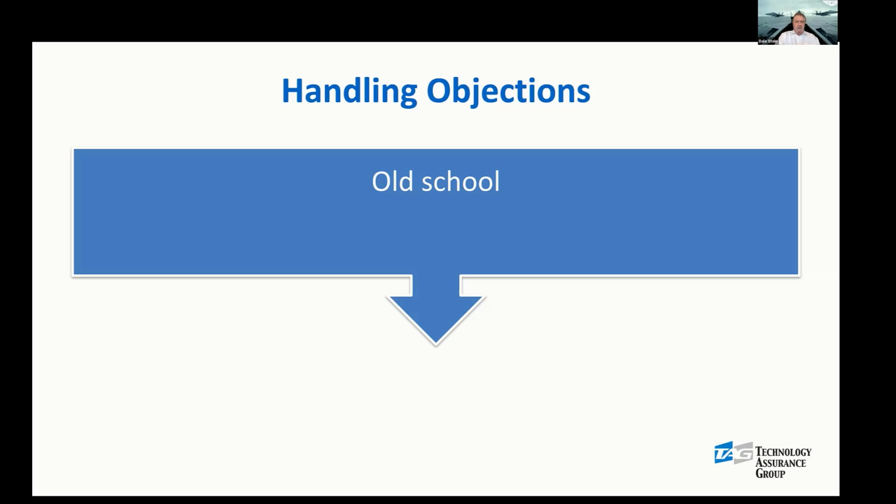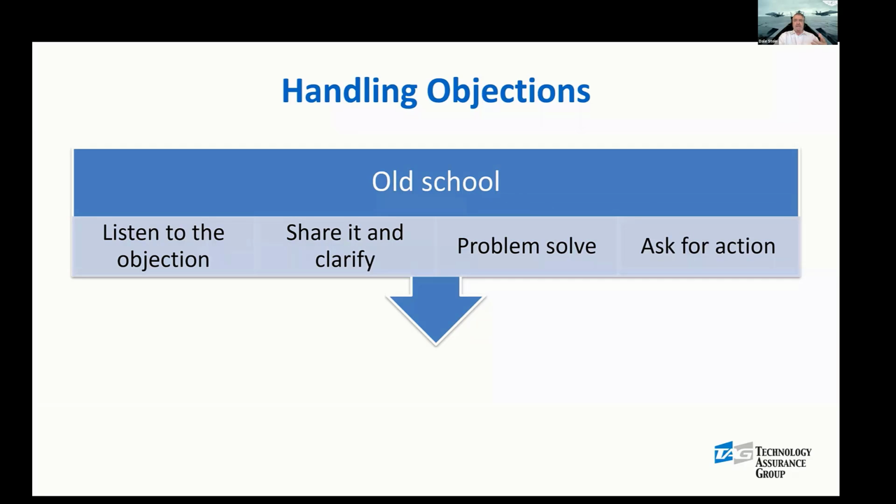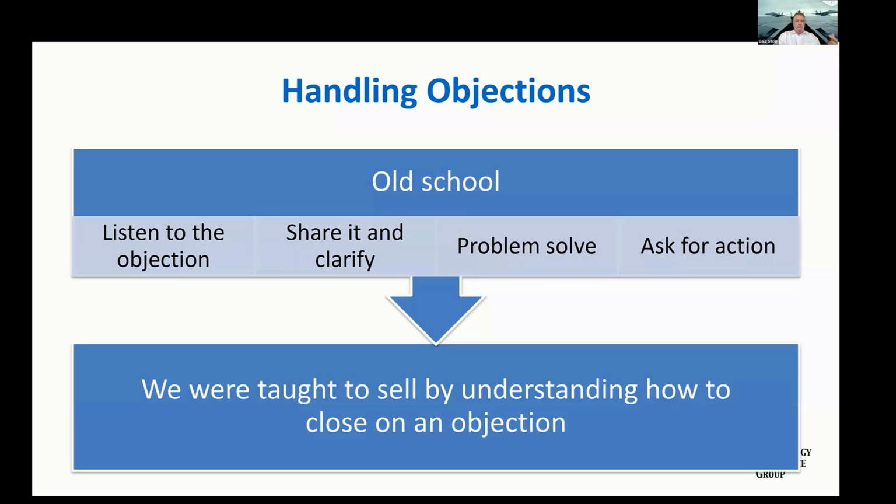All of the sales processes we were taught said to listen to an objection, share it and clarify the objection, solve the objection, and then ask for action as a result of the objection, which means we were taught to sell by understanding how to close on an objection. And we also were taught, here's the 126 closing techniques, depending upon the objections that you have.